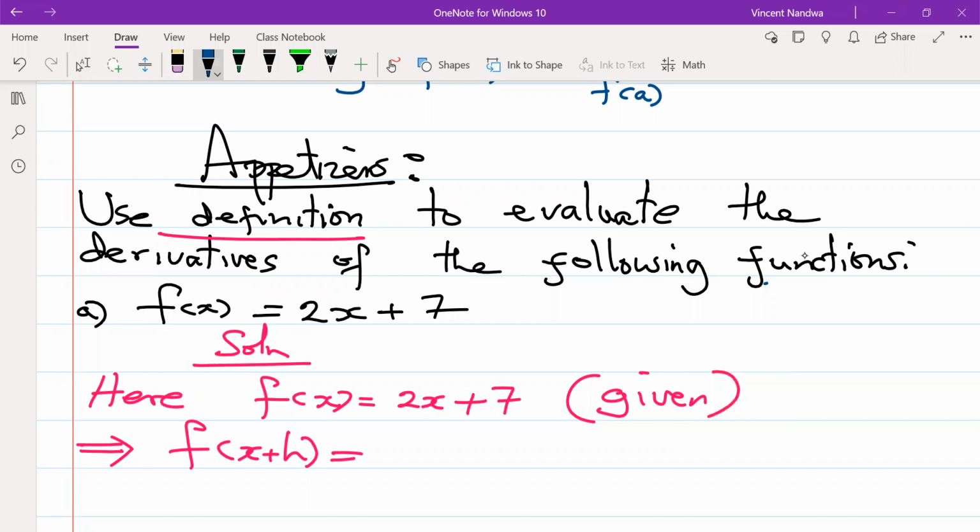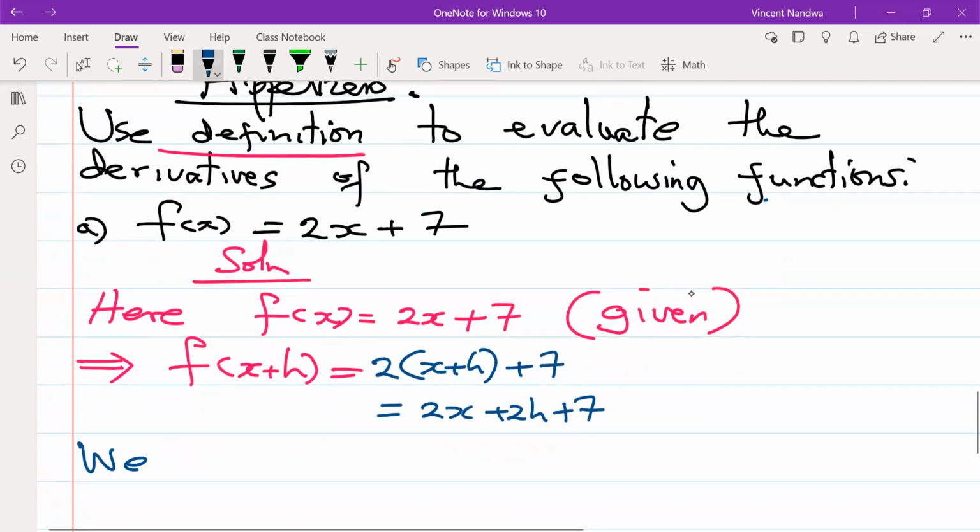Yeah, so which you can simplify to be 2x plus 2h plus 7. If you use that analogy, it will always be an easier way to deal with functions. Take them as machines. You give them inputs, it gives you outputs. So you give it an x plus h, it will take that x plus h, multiply by 2 and then add the constant 7. Okay?